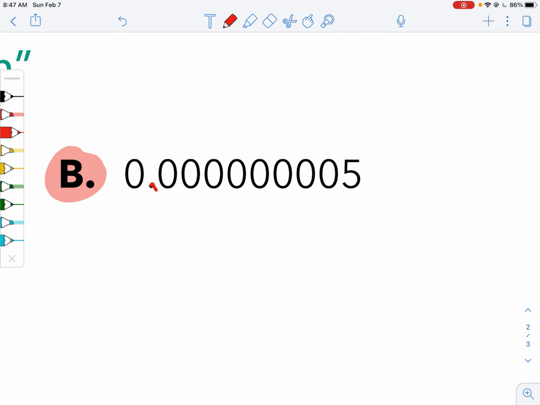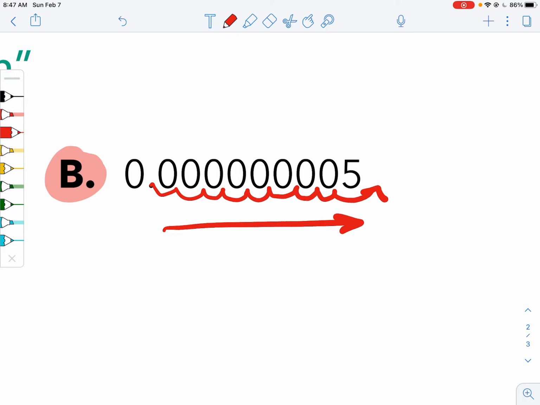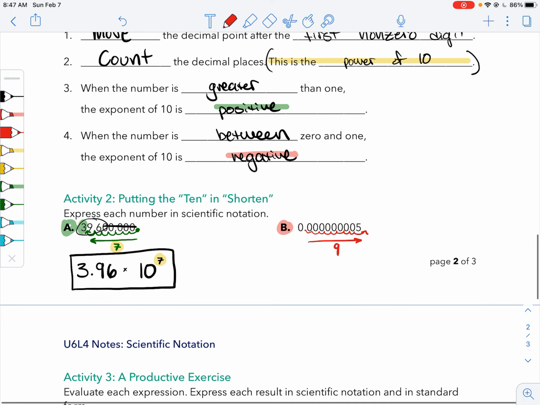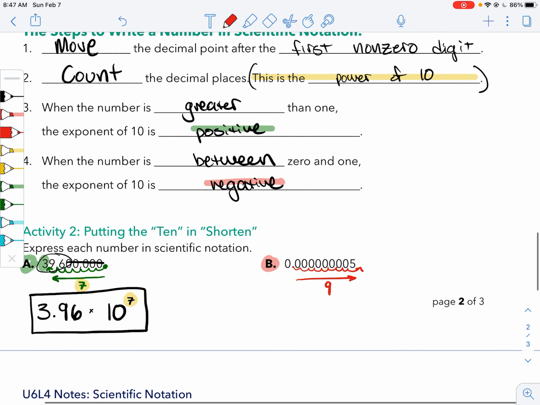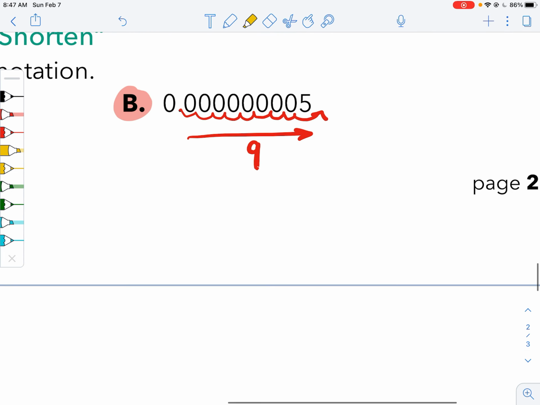Okay, so it goes 1, 2, 3, 4, 5, 6, 7, 8, 9. That was a move of 9 places. Oh, hey, look, we counted. That's our power of 10. Nice. So we know we're going to have 10 to the 9th power, but it's going to be negative because this number is between 0 and 1.